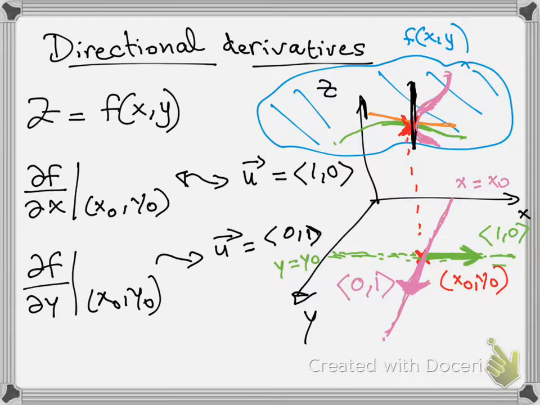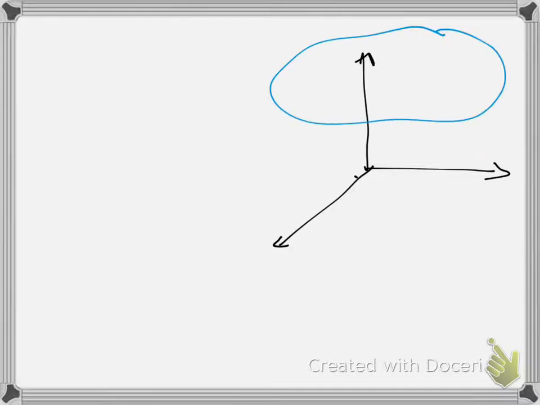Now, let me graph again because it's going to be too much otherwise. So here's my f. This is my x, this is my y, this is my z, this is my function f.